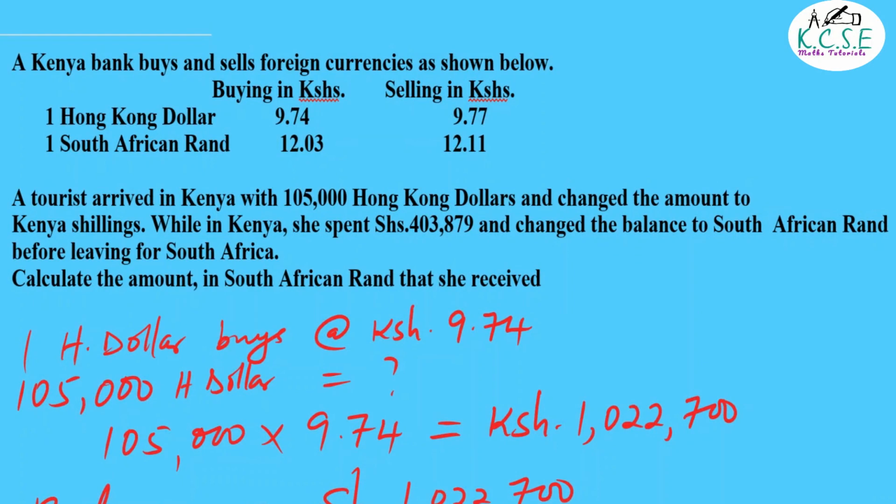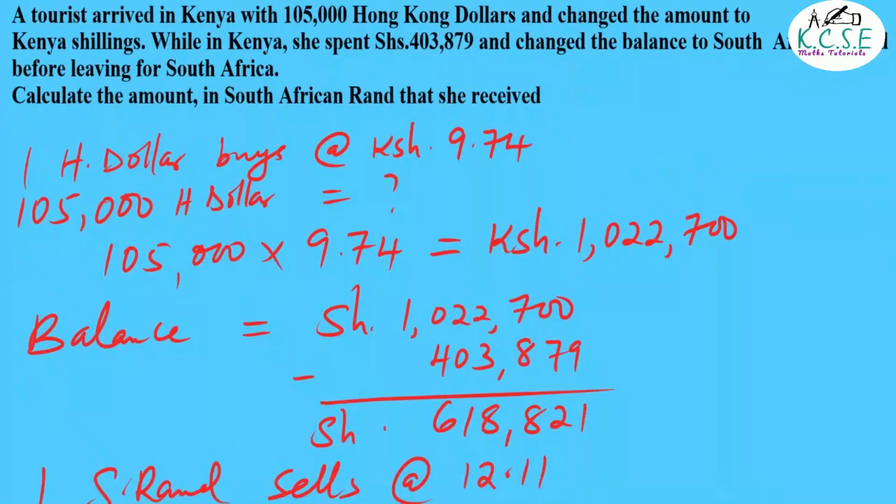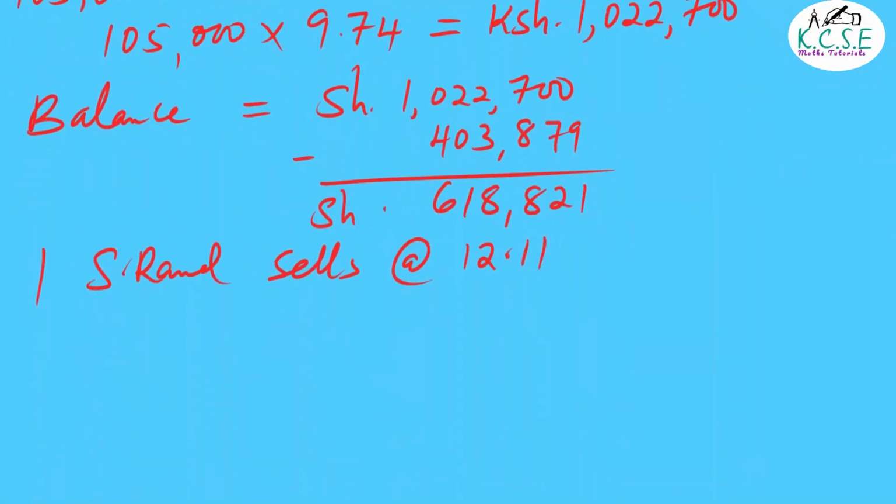What the Kenyan bank will do is sell to this lady the South African rand. So one South African rand sells at 12.11 Kenyan shillings. So what about this amount of Kenyan shillings, which is 618,821?